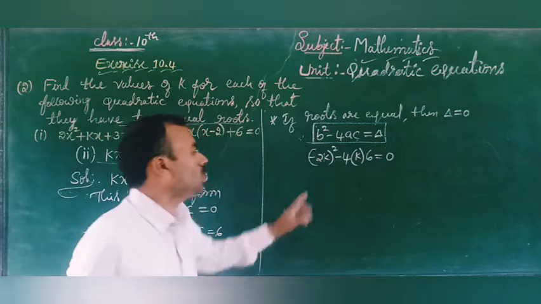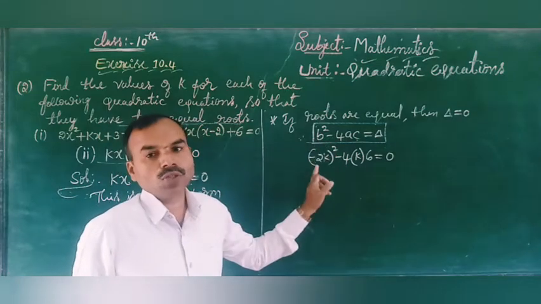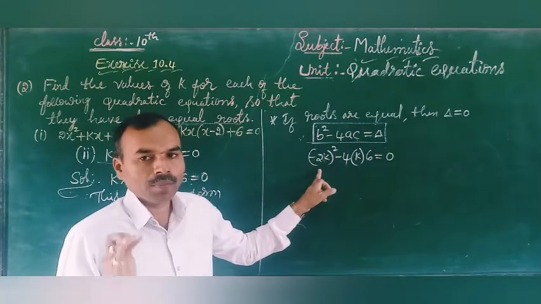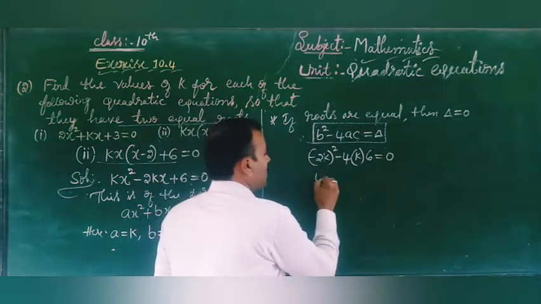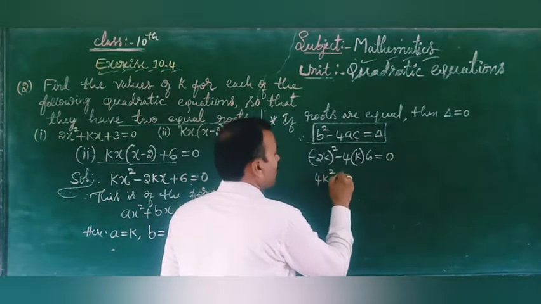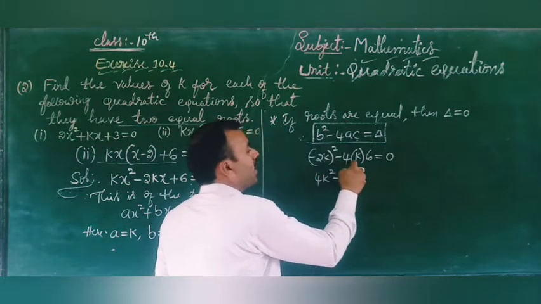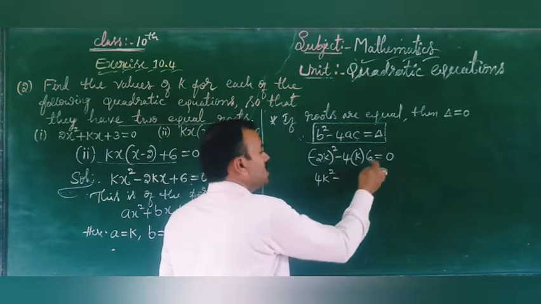Minus 2k whole squared is minus 2k into minus 2k, which is plus 4k squared, minus 4 into 6 is minus 24k equals 0.